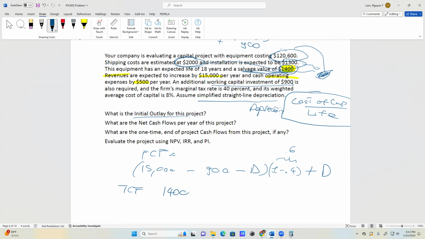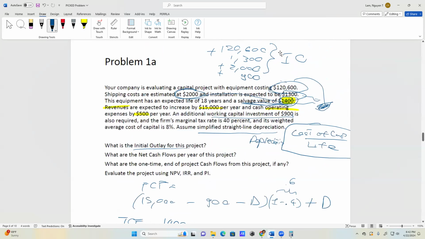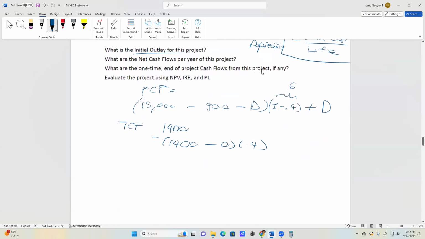No, right? So the tax effect is just going to be 1,400 minus 0, multiplied with 0.4. Is there a net working capital? There is, right? The 900. Before, we also added the 900 in the initial outlay, so we also add it here. So that should give you the terminal cash flow.